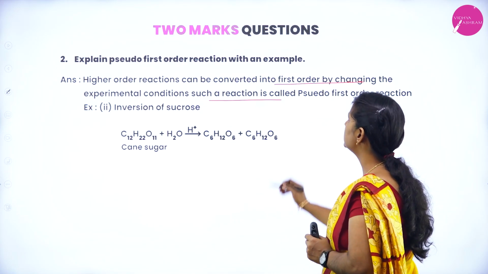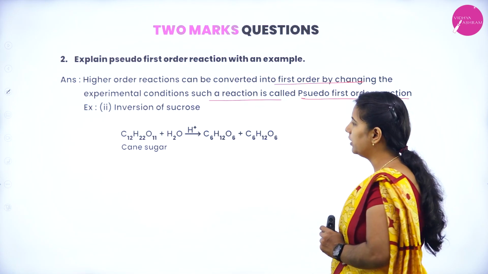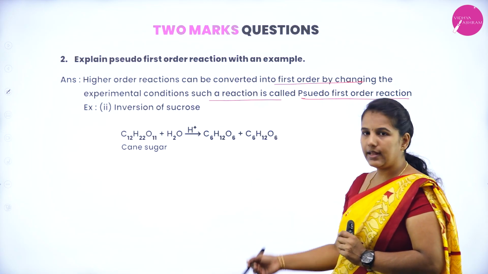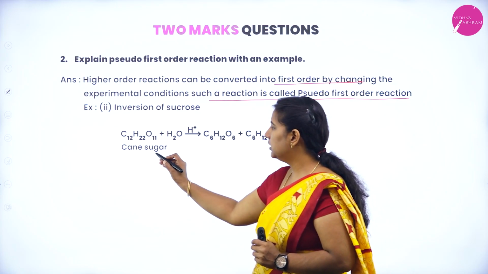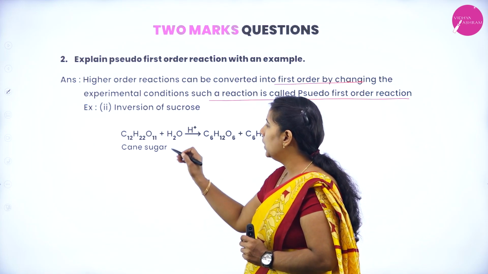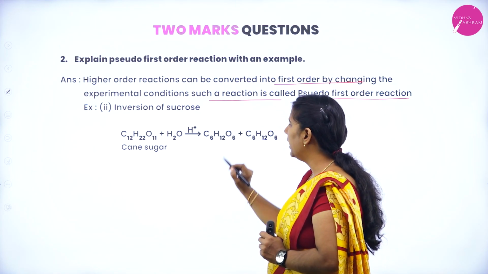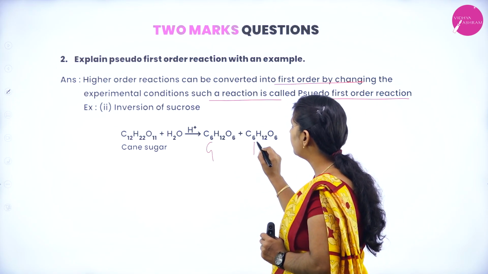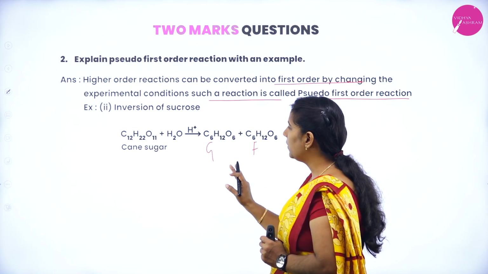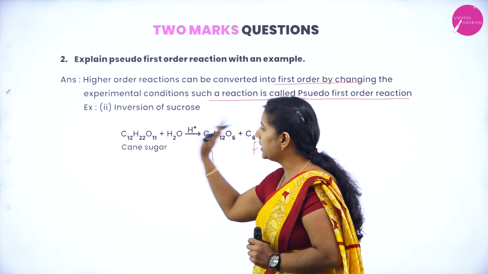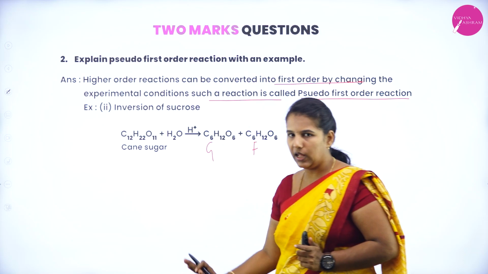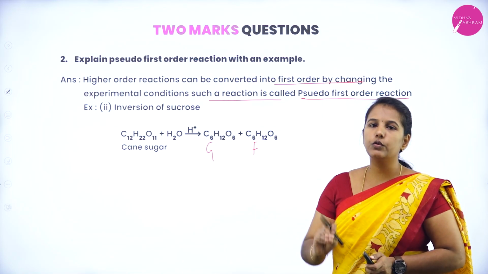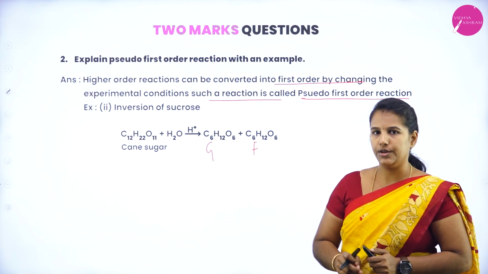Such reactions are said to be pseudo first order reactions. You can take the example of inversion of sugar, where cane sugar upon hydrolysis gives rise to glucose and fructose. This is not actually a first order reaction but it is behaving like a first order, hence it is known as a pseudo first order reaction.